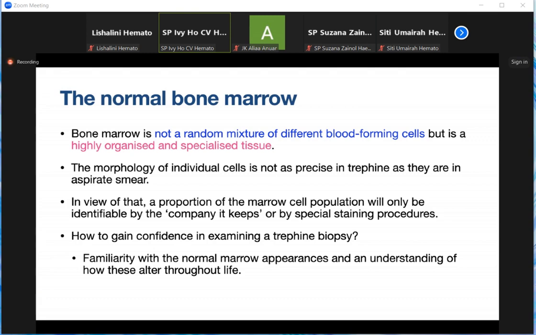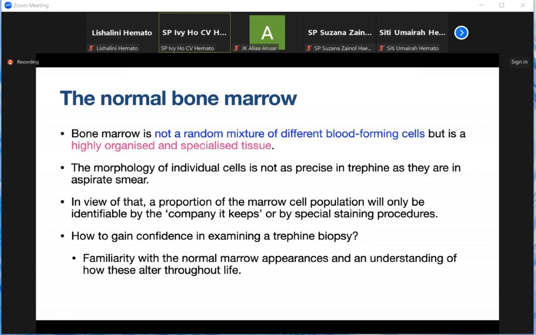That's why, from a histopathologist's point of view, we are a bit apprehensive when looking at a Trephine biopsy. But bear in mind, it is a very highly organized and specialized tissue, as in any other tissue we can find in the organs of our body.